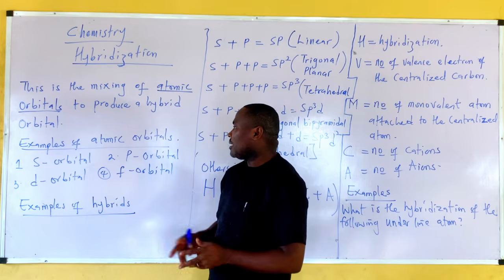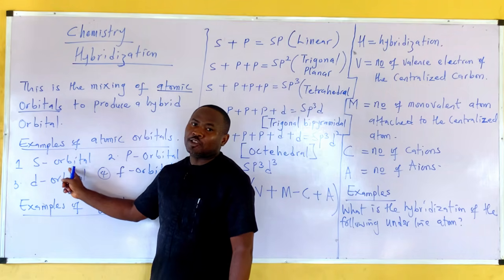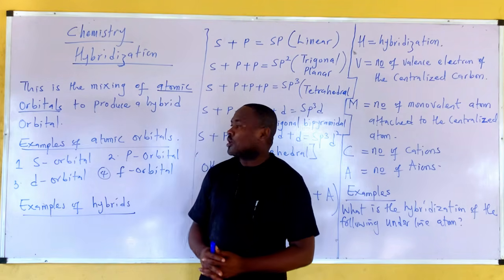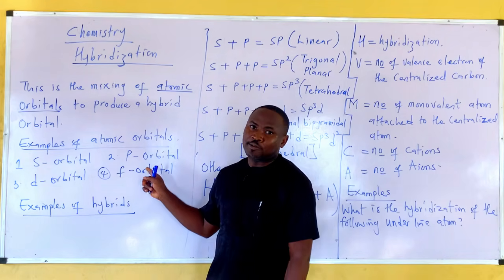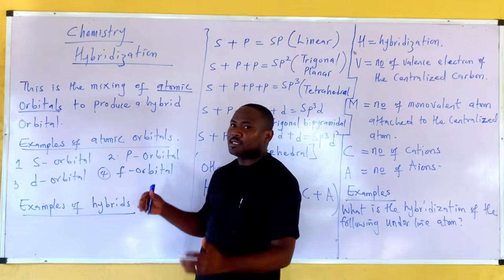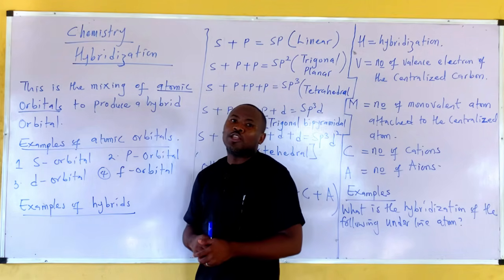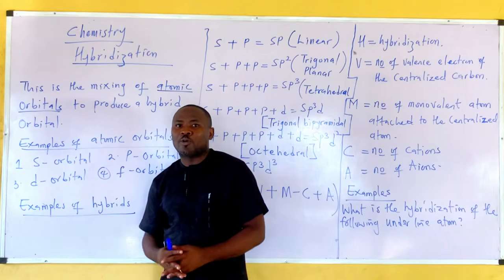Now remember that the s orbital has a spherical shape. We have the p orbital, which is degenerate. It has 3 orbitals, and the shape is called the dumbbell, while the d orbital is called the double dumbbell.